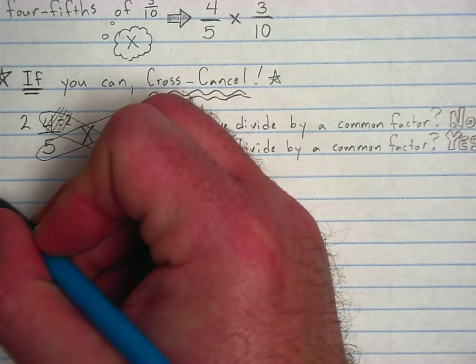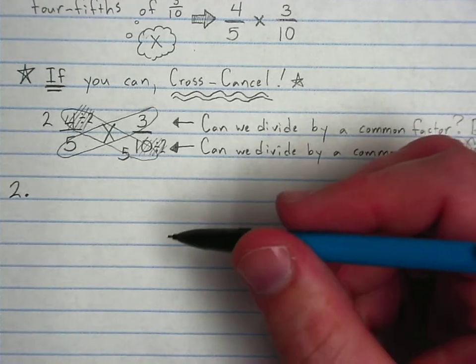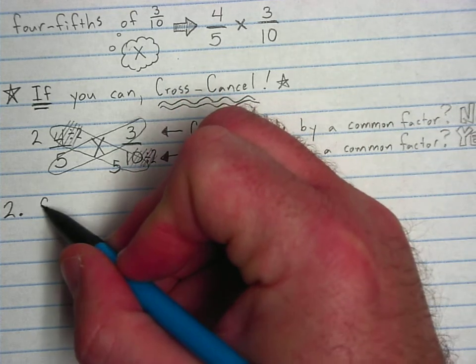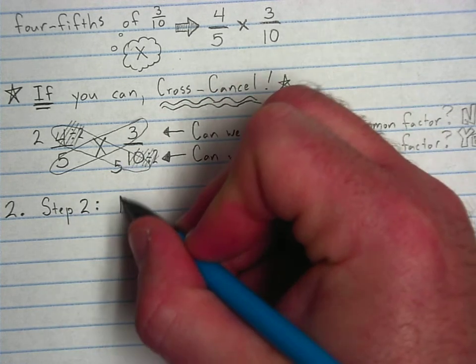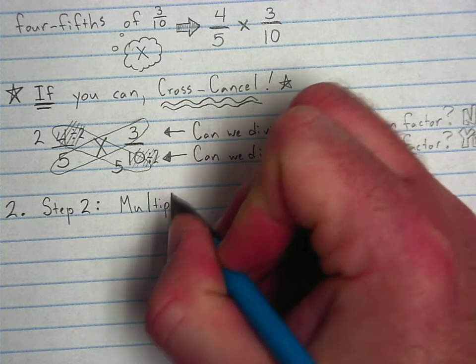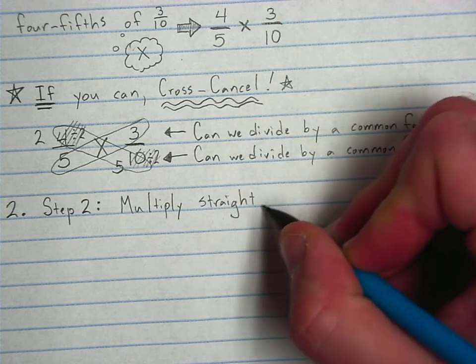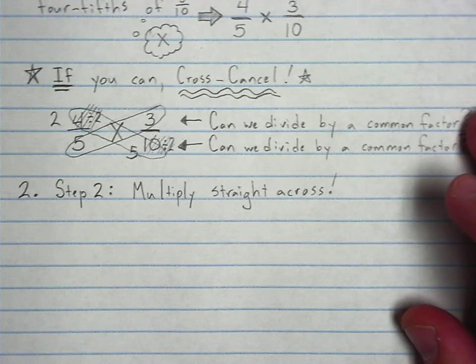All right, now step 2 is pretty much just to finish. We're going to do what we did in previous lessons. Sorry, let me make sure I write my step 2. Step 2, we are going to multiply straight across. This is why it's so important to make sure that you're writing everything horizontally.